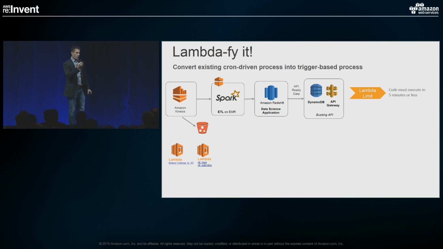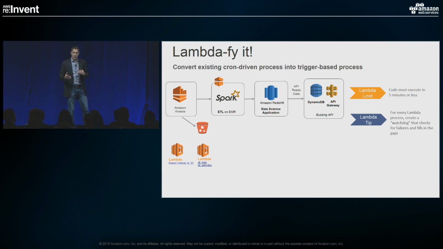The ETL process basically takes the data in the Kinesis stream, pre-processes it, cleans it up, and shoves it back into S3 as well. So we created an ETL Lambda. And every once in a while, the Lambdas would fail because they would take longer than 5 minutes to run. And we noticed that there were some holes in our data.